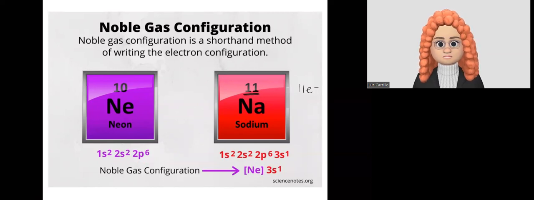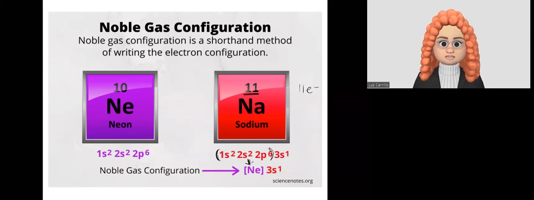So we can take this portion of the electron configuration represented as neon in brackets, because that section of the electron configuration that I put in parentheses corresponds to neon specifically, and then outside of that we can put the rest of the electrons for our atom.